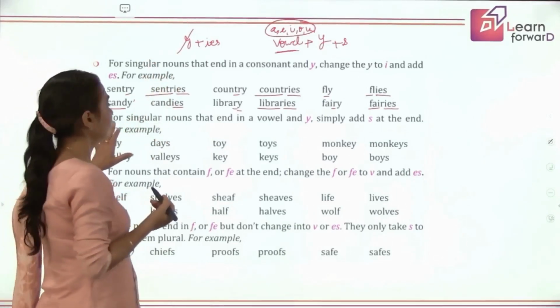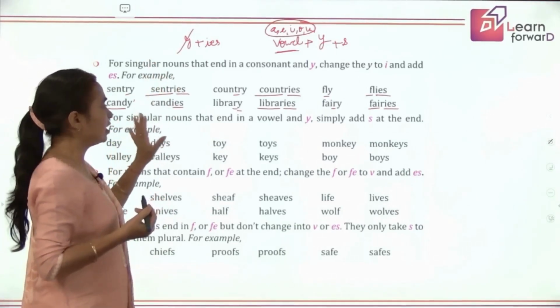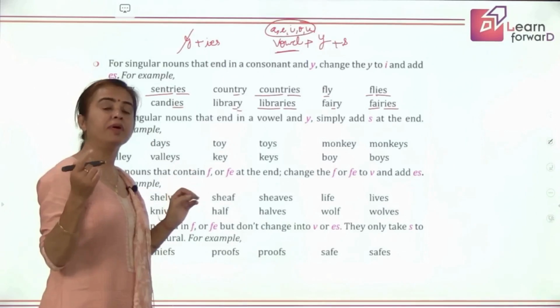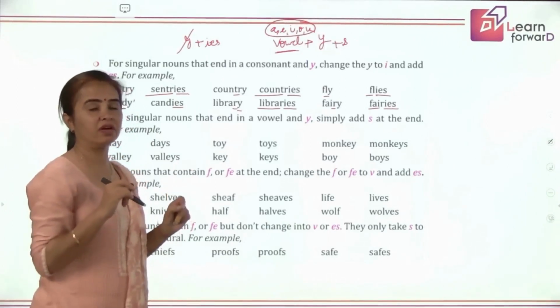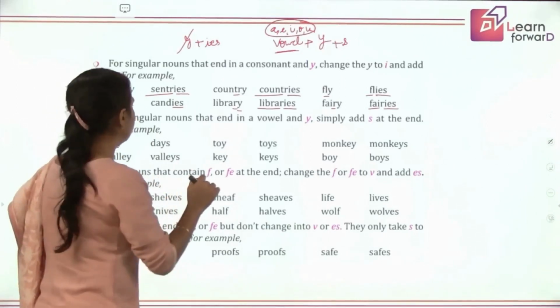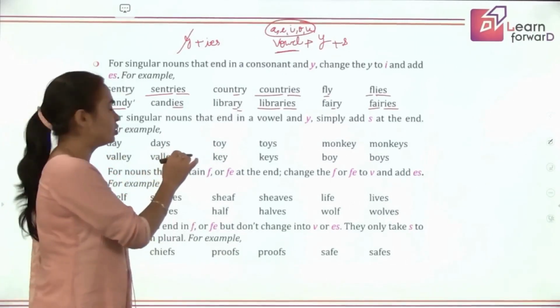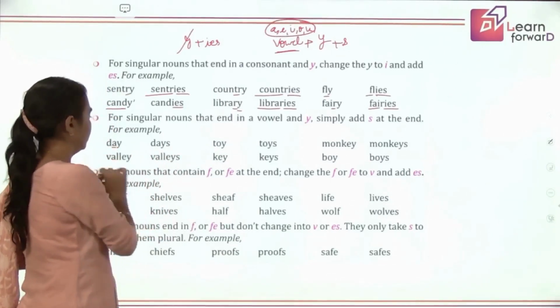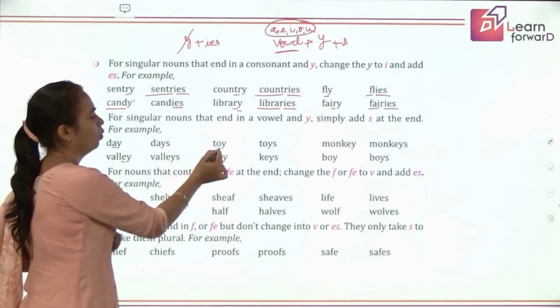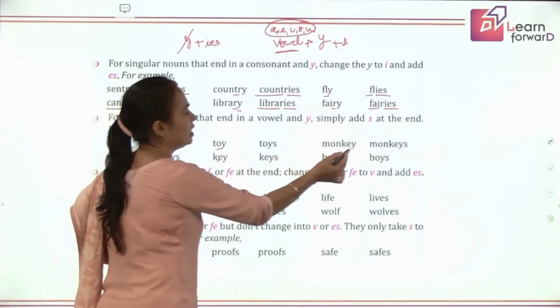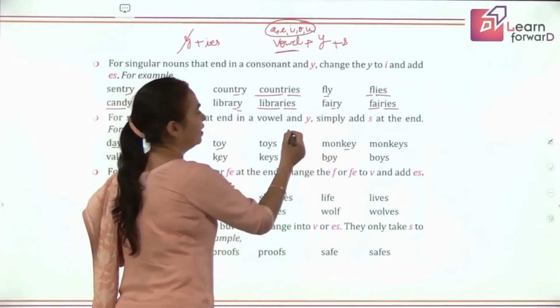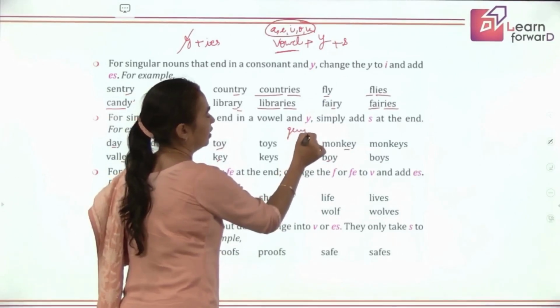Now for singular nouns that have y, but before that you have a vowel, what will you do there? You will simply add s to them, like boy, key, toy, and guy.